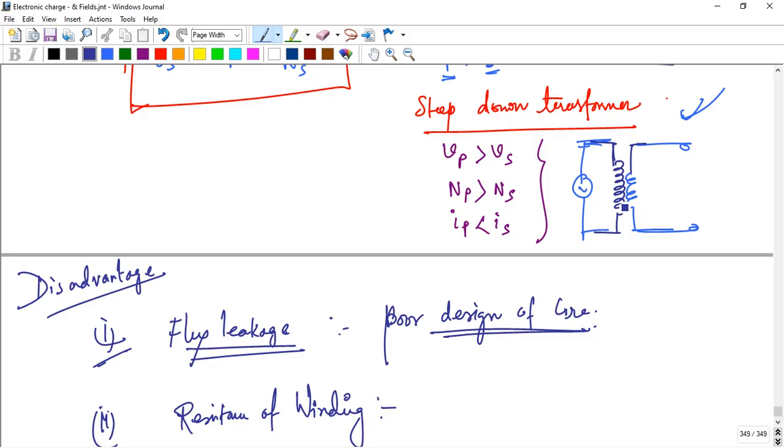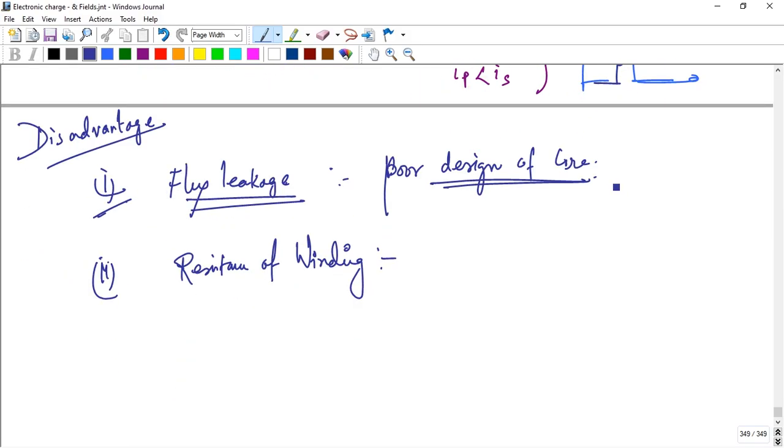If resistance is high, current is low, and if resistance is low, current is high. So due to that energy loss from the resistance, there is some loss here.